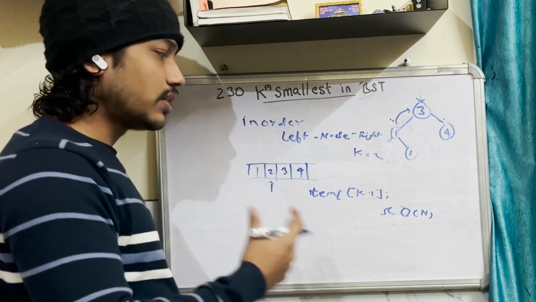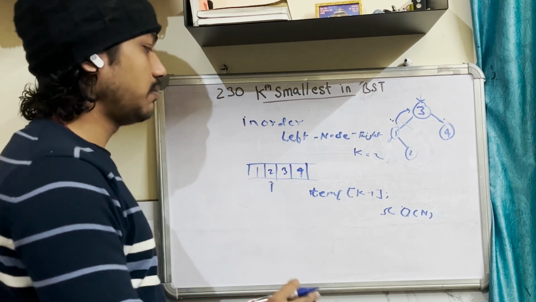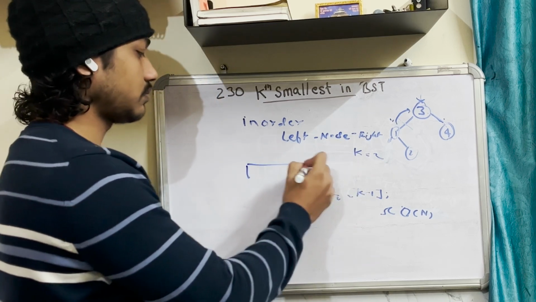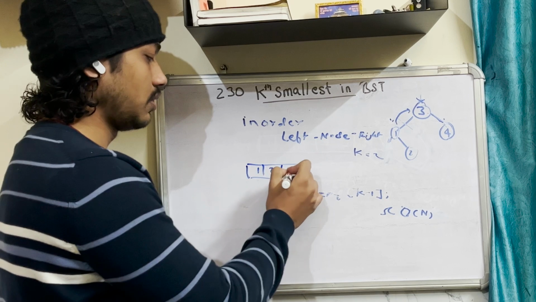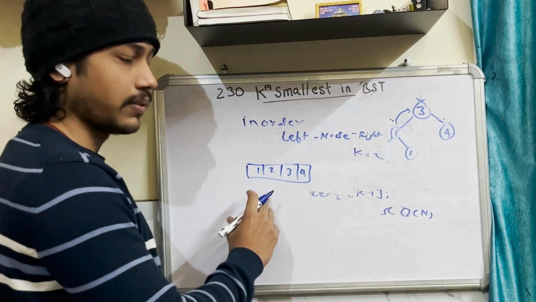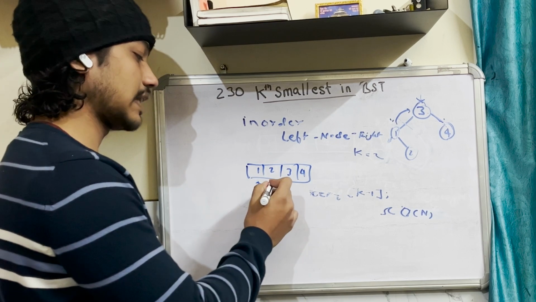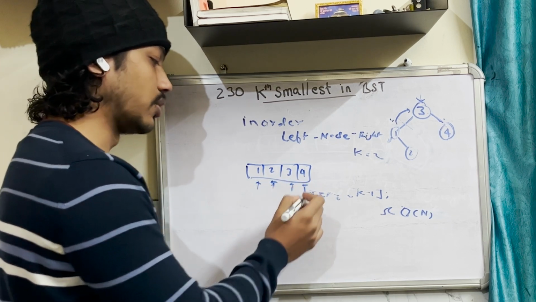simply if we can count, in in-order we were having 1 2 3 4, and we know this is the first smallest value, this is the second smallest, third smallest and the fourth smallest.